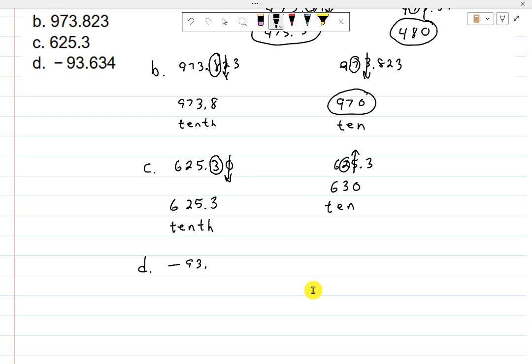We start with negative 93.634. That 6 is in the tenths spot. I round down, and I get negative 93.6. On the other hand, the tens spot is here. That means I round it down to negative 90.